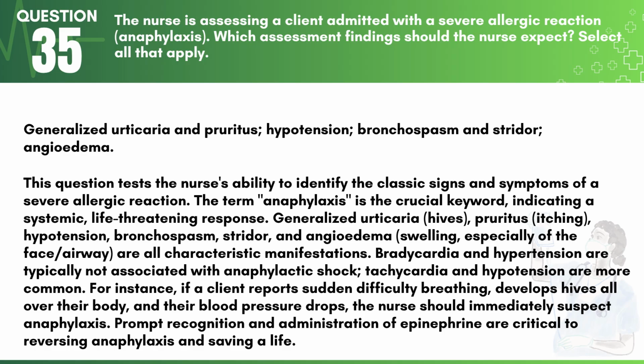Generalized urticaria, hives, pruritus, itching, hypotension, bronchospasm, stridor, and angioedema, swelling, especially of the face and airway, are all characteristic manifestations. Bradycardia and hypertension are typically not associated with anaphylactic shock. Tachycardia and hypotension are more common.